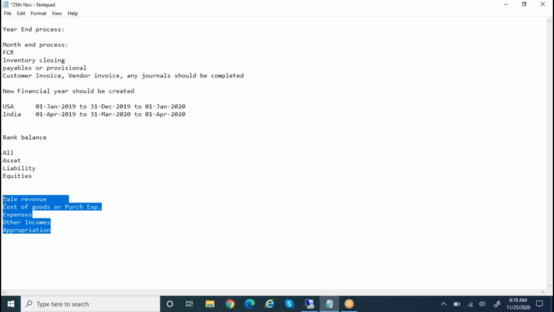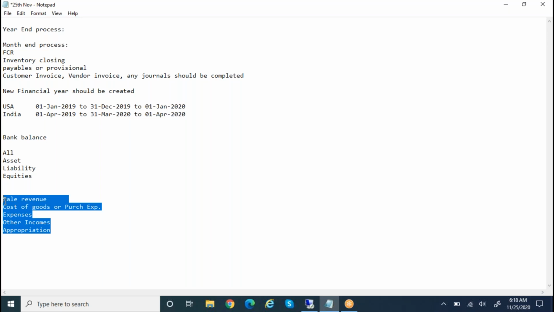So these balances will not be transferred to the next year. Only asset balances, liability balances, and equity balances will be transferred from last year to next year, because suppose I need to receive 20,000 from one of the customers. Next year, it will not become zero. I need to receive whatever it is from the customer.